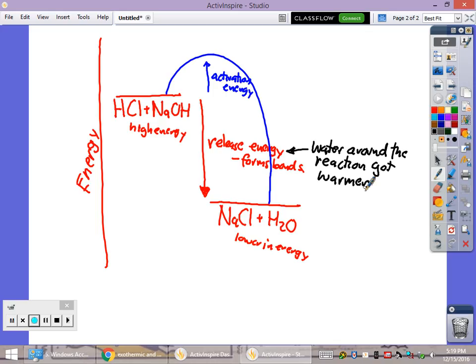Now this is a weird drawing of it, but this is the drawing that chemists use, where we draw reactants and products and show the change as either a positive change or a negative change. In this case, we say that the energy change is negative.